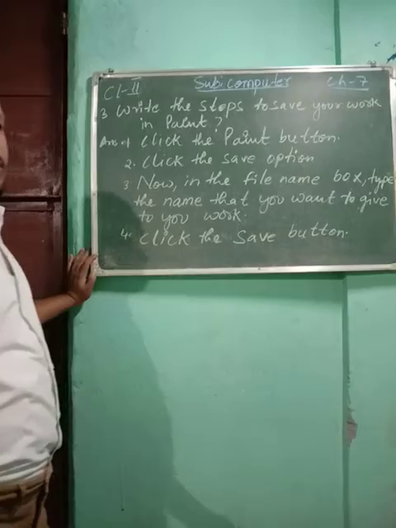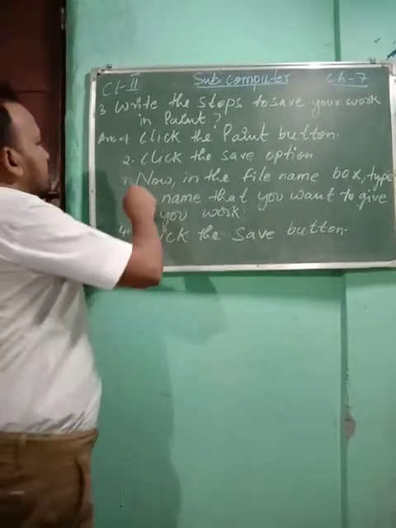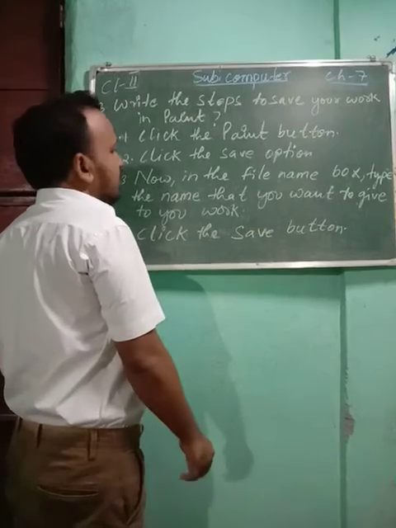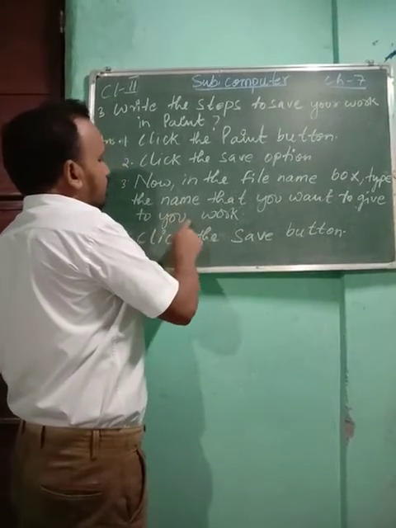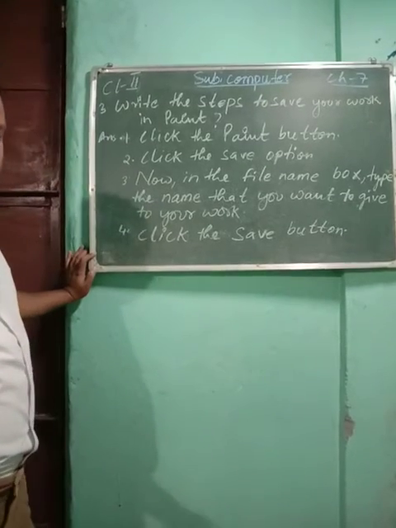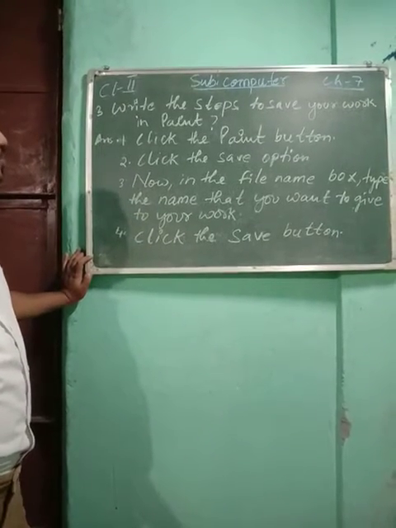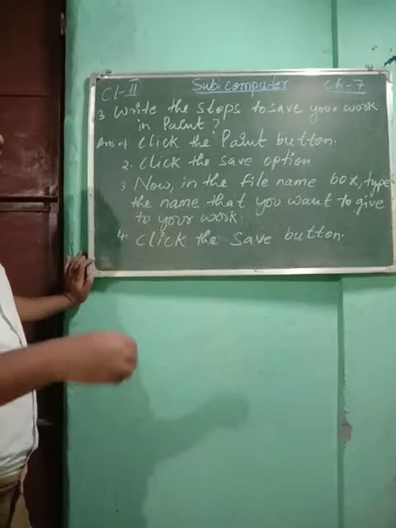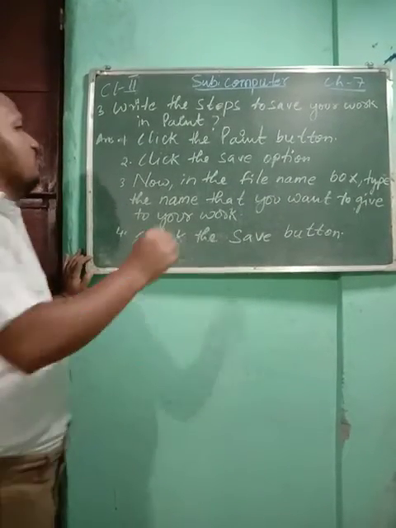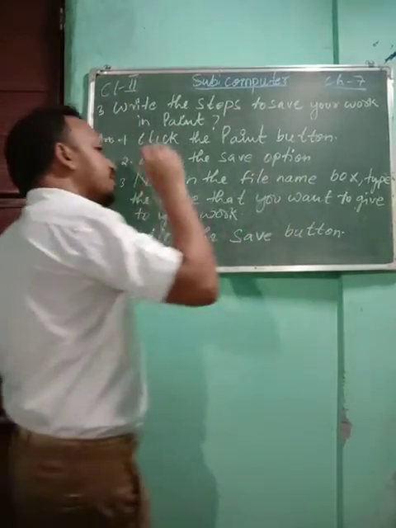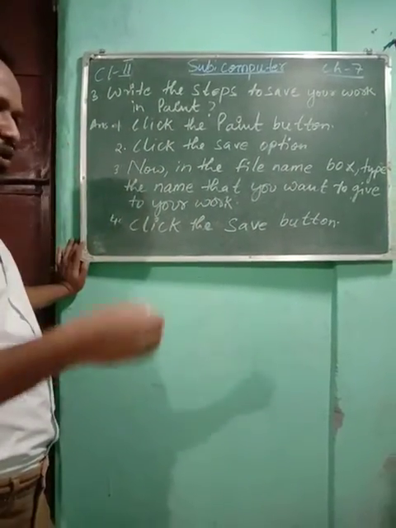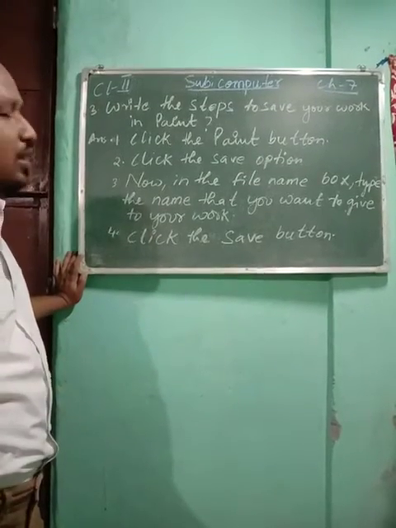Next, number 3, now in the file name box, type the name that you want to give to your work. A small box will come. In that box you have to give a file name. Suppose you made a drawing today, a flower. You can write your name, you can write flower, any name you can give.